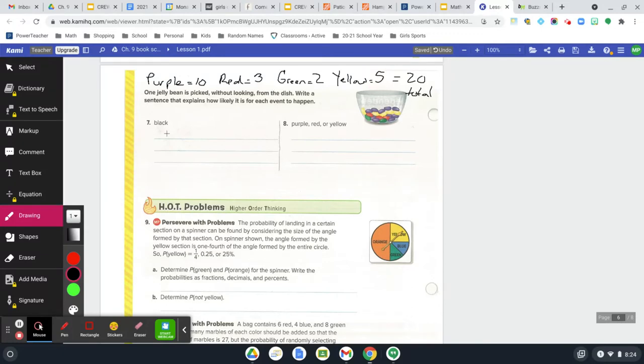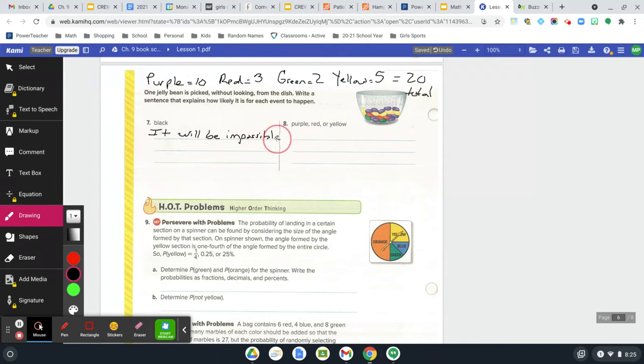So the probability of getting a black jelly bean, well, we just looked at all the different colors in there. There's no black jelly bean in there. And so when it's asking for you to explain how likely it is for each event to happen, you can say the probability of getting a black jelly bean, it will be impossible, right? We talked about that number line yesterday.